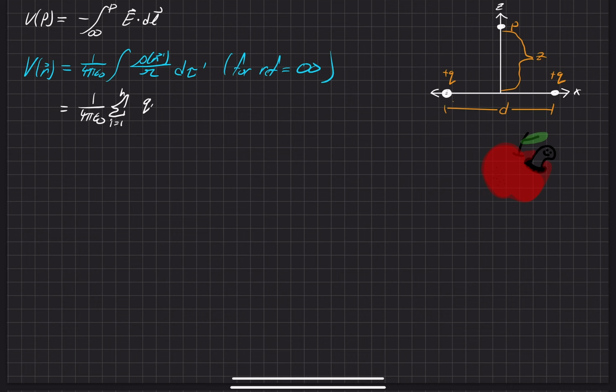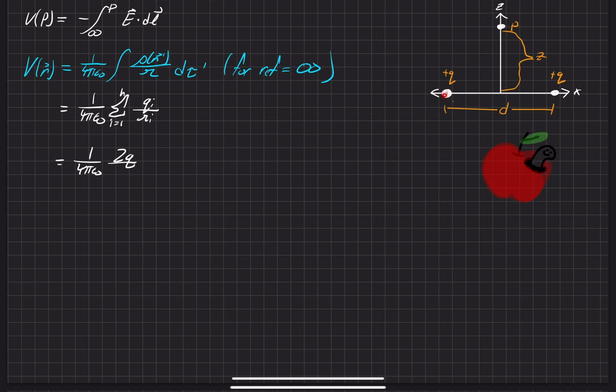This is just the general form. We just add up all the charges and then divide them by their distance from the point that we're trying to evaluate. And then for our specific version that we have here, we have two charges, and the distance that each charge is from the point is going to be this one.